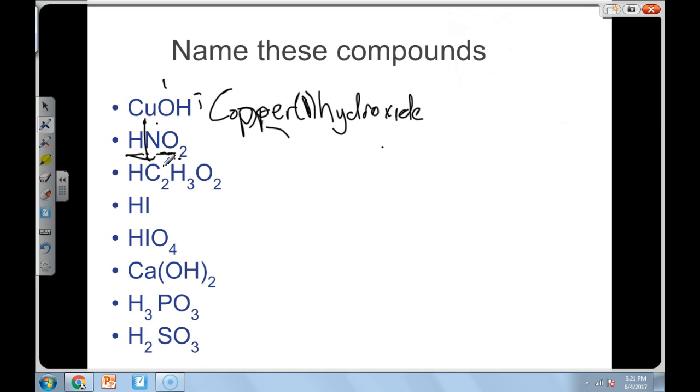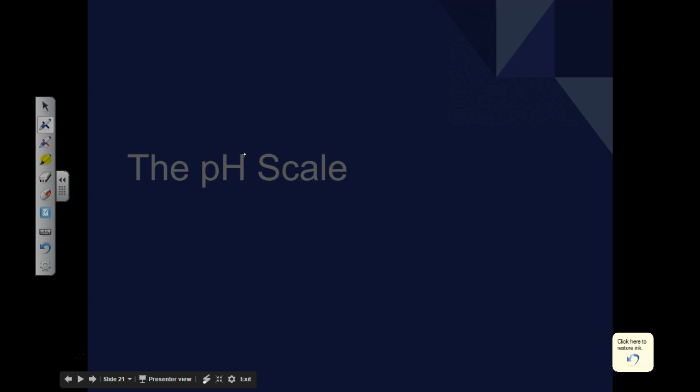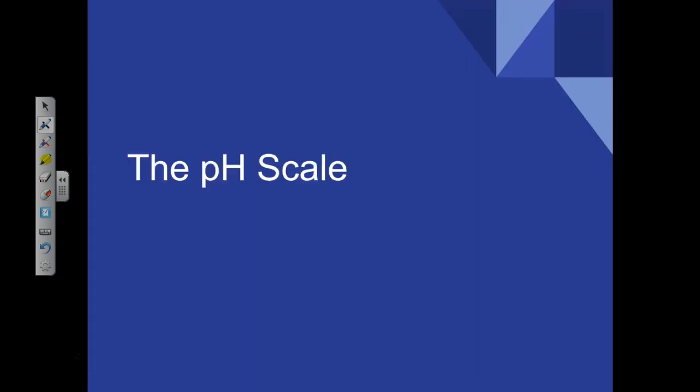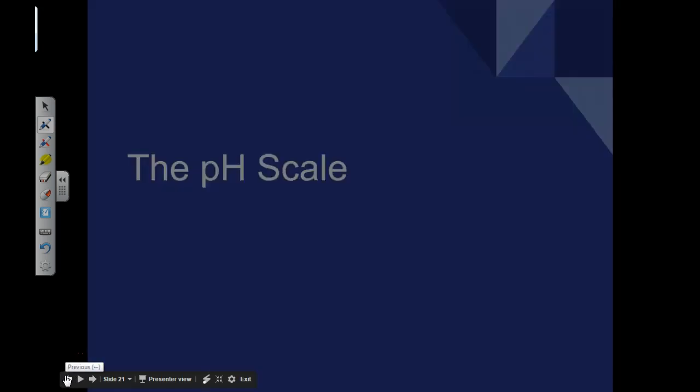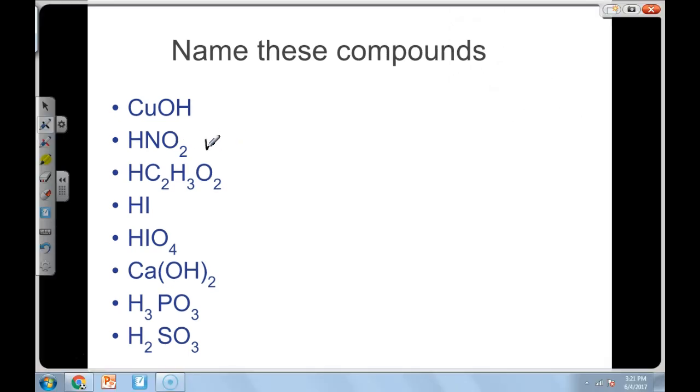Nitrite, drop the -ite, add -ous. So this is nitrous acid.